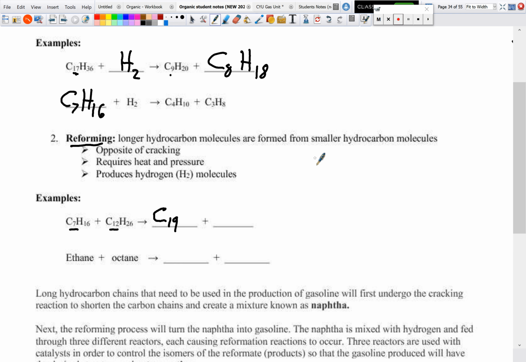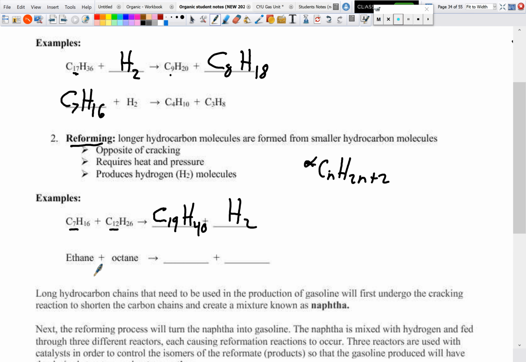And of course, our chemical formula, CnH2n+2. 19 times 2 is, hopefully our math is right on this one, 38, and then plus 2, we get H40. And of course, we produce hydrogen.